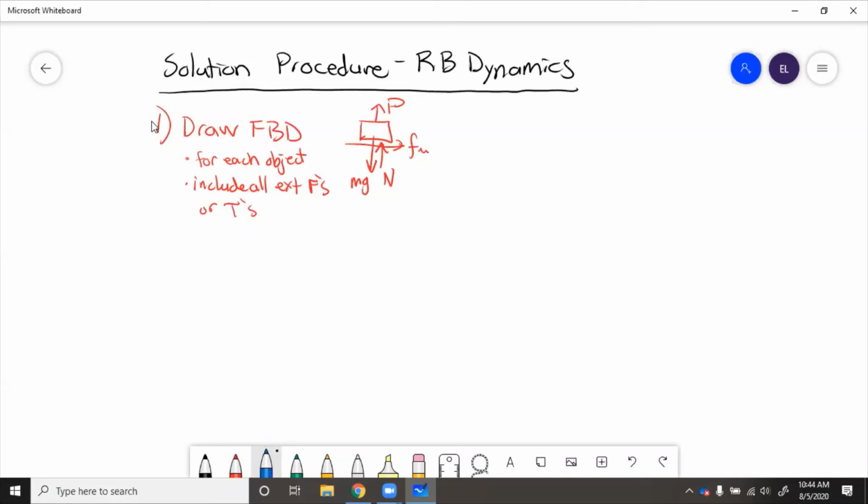Then step 2 is assign coordinate frame. So we put X in direction of motion, or line of impact if it's a collision.